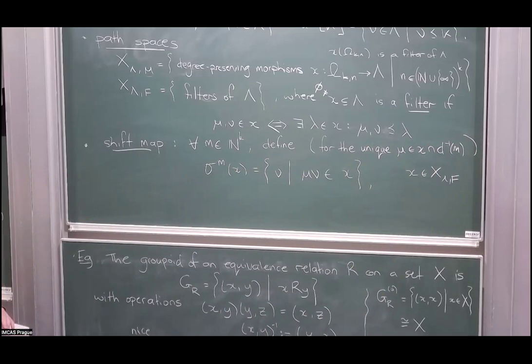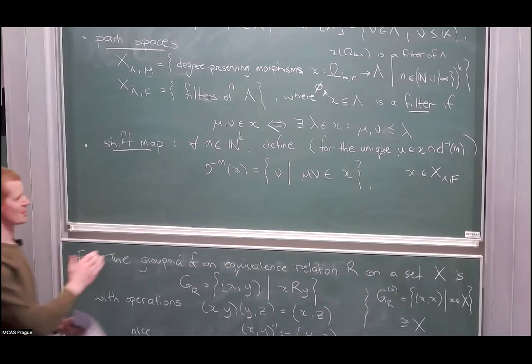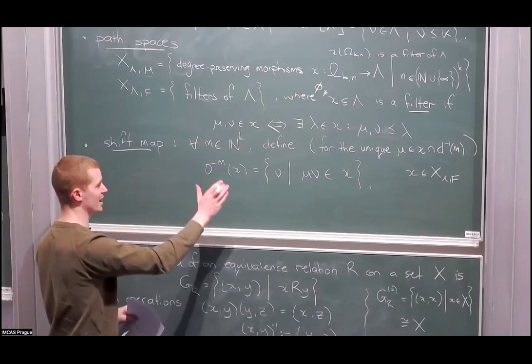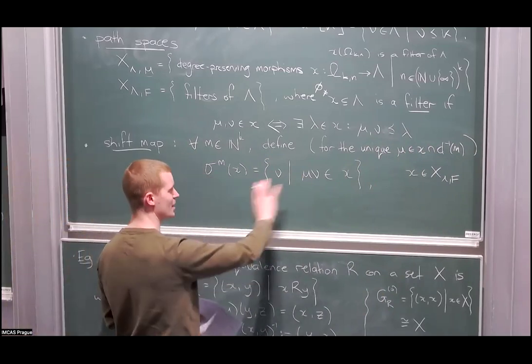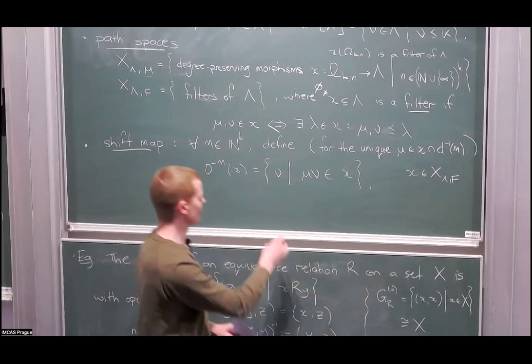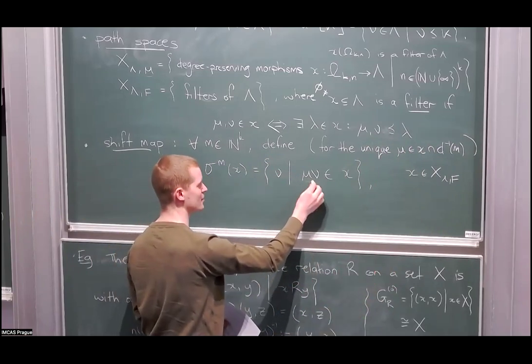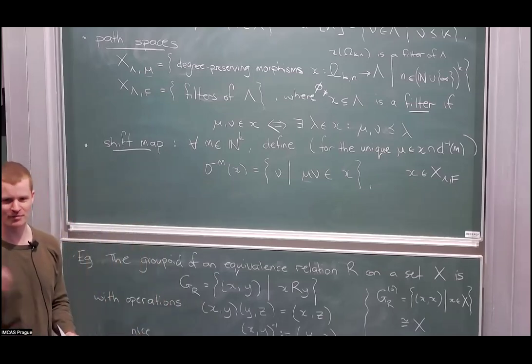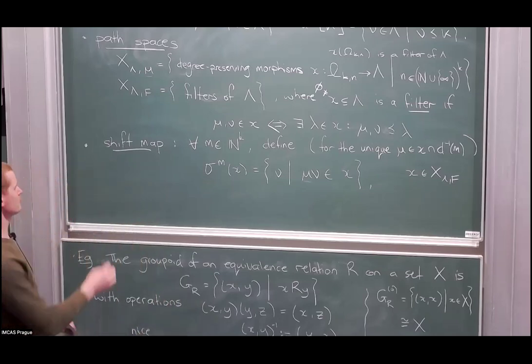So there's only one part of my filter which is in the direction m and goes that far, and I just take all of that off. So the shift map in the filter case for the path space of a higher rank graph at least kind of looks like the shift map in the directed graph setting. You're just saying there's only so much I could take off in each direction, and I just do that.